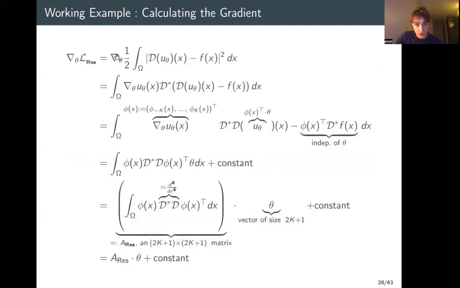So of course, in this context, we can bring the gradient inside the integral, and then we need to compute the derivative, just using the chain rule. What happens when computing the derivative with respect to theta is that a d star appears.